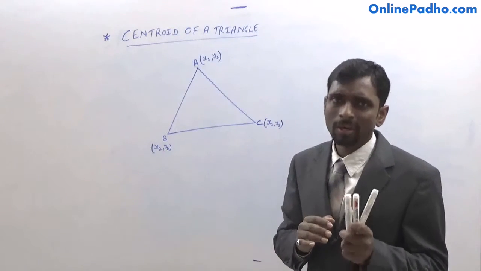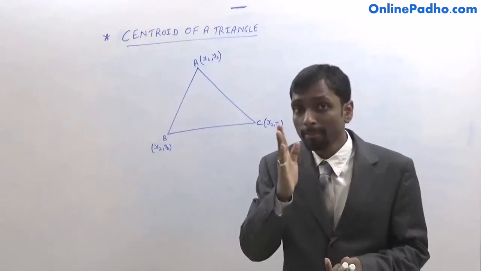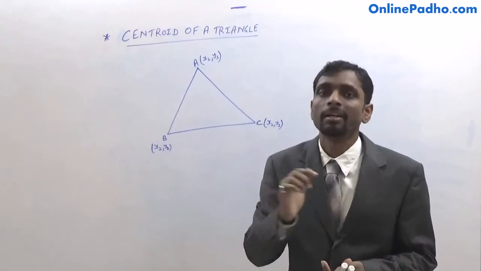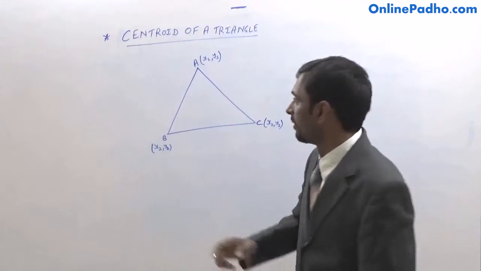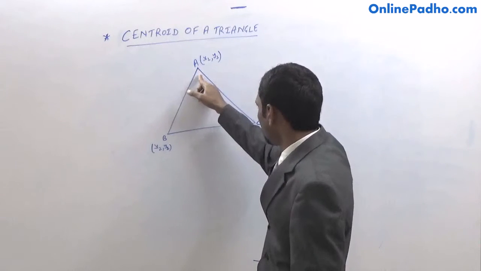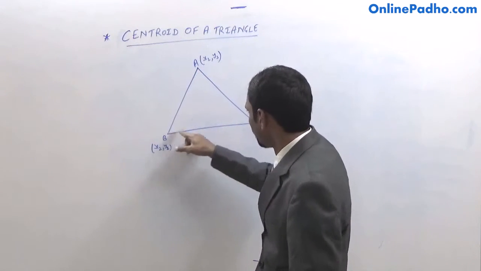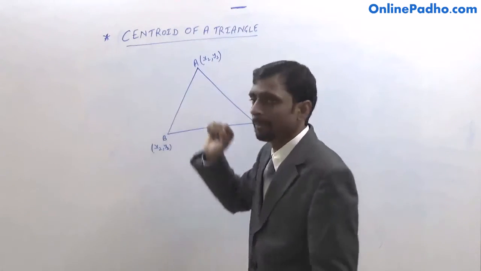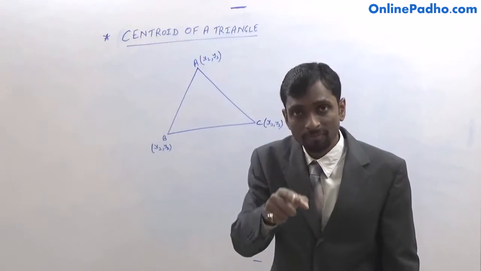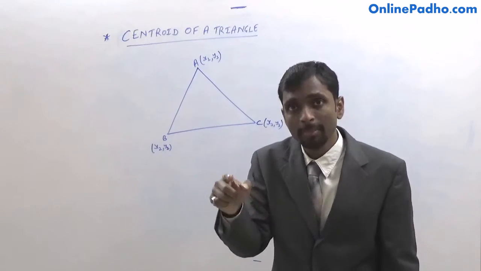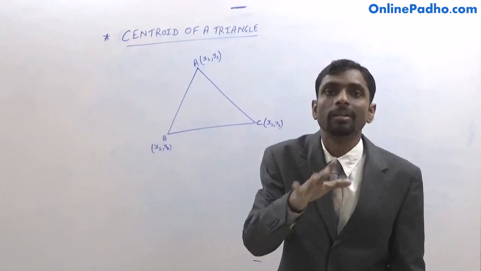Now you know the centroid is the point of intersection of the medians of the triangle. We can draw three different medians from vertex A, from vertex B and from vertex C. The point of intersection of all the three medians is called the centroid.